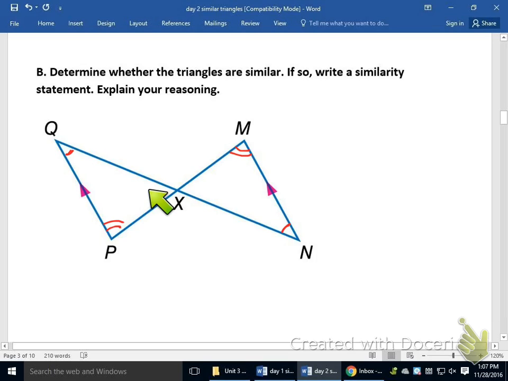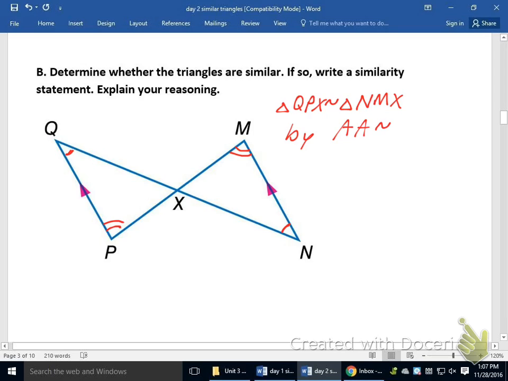You could have also used the vertical angles in here, that angle QXP is congruent to angle MXN. But this is enough as I have it. And so triangle QPX is similar to triangle NMX, calling it that to make sure the corresponding parts line up, by angle-angle similarity.